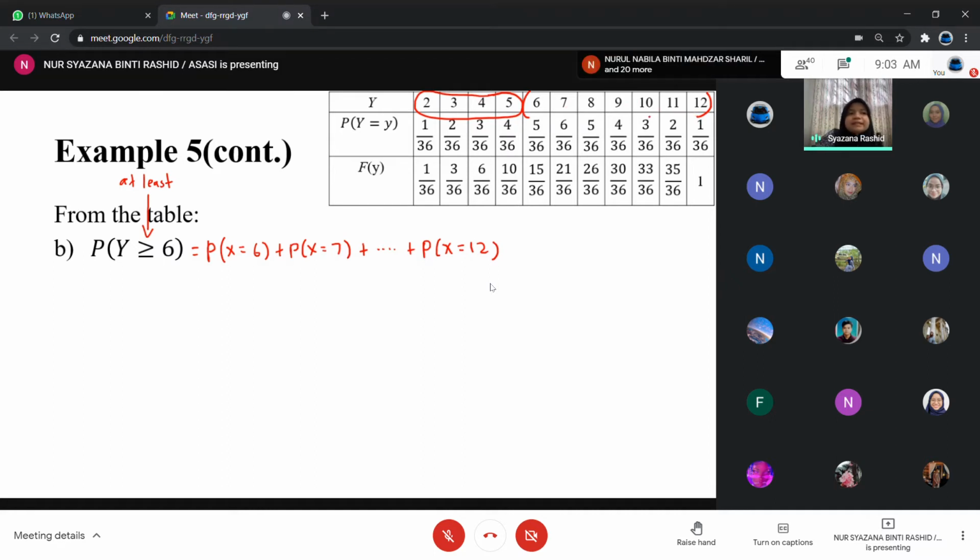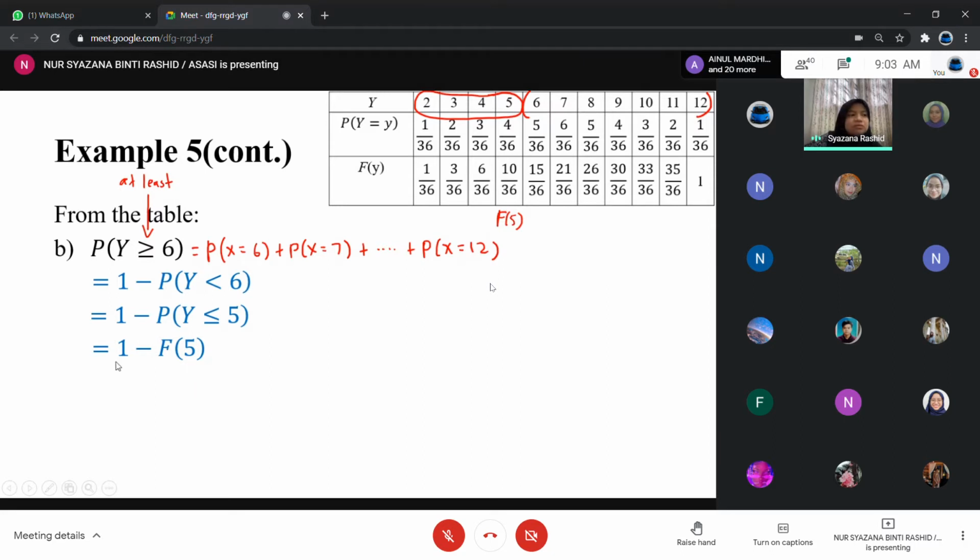So kita akan ambil 1 tolak cumulative 5. Sebab kalau you tengok yang ni sebenarnya dah cumulative kan. So ni sebenarnya F5. So you ambil 1 tolak dengan cumulative 5. Dapatlah balance 6, 7, 8, 9, 10, 11, 12. So dia kata 1 tolak F5. 1 tolak F5. Ni cumulative.